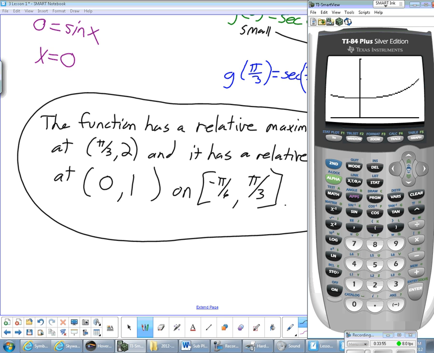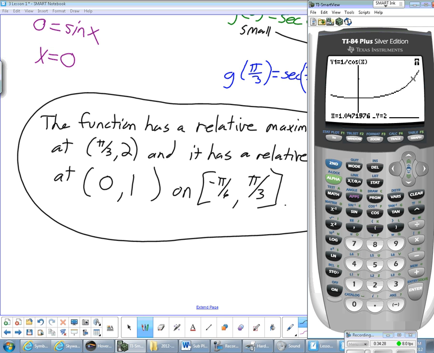And so let me just do a window here and change my x max to pi divided by 3 plus 0.1. I'm just going to do it that way, so I for sure can get this value. So I hit second calculate value, and then I do pi divided by 3, and it's 2. Look at that. I just added a little 0.1, which actually added quite a bit there.